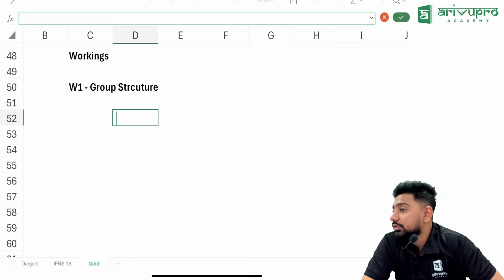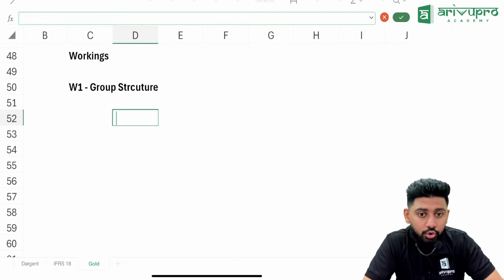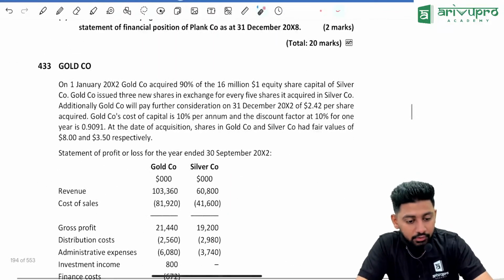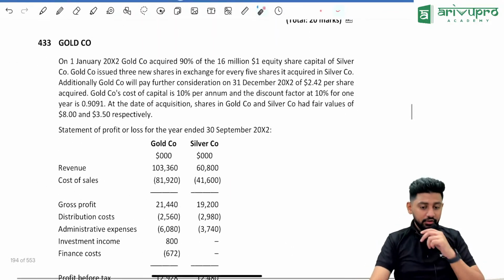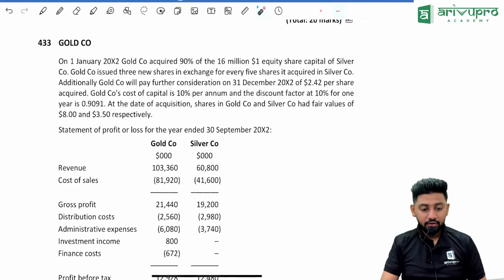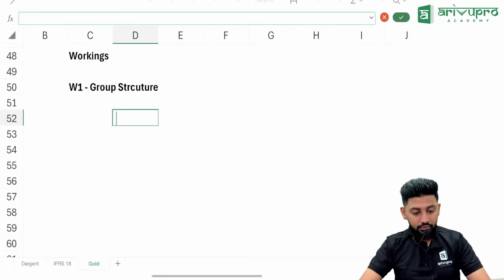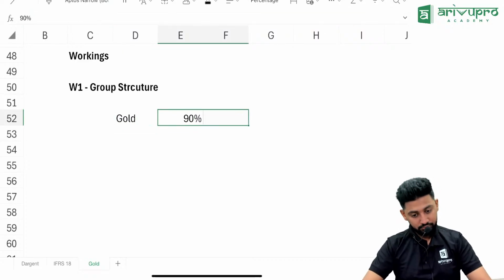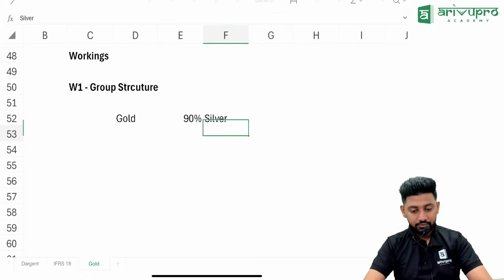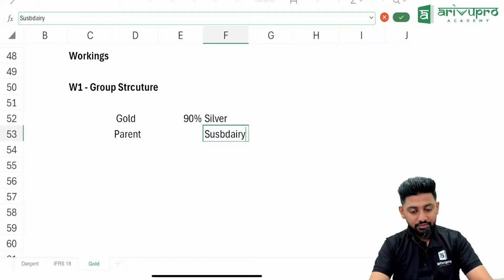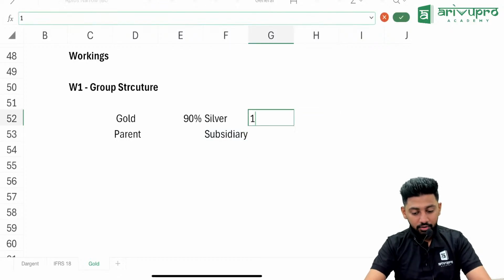Okay, so let's read the question together. On 1st of January 2012, Goldco acquired 90% of the 16 million equity share capital of Silver Co. Gold is the parent, Silver is the subsidiary, and we have 10% NCI.